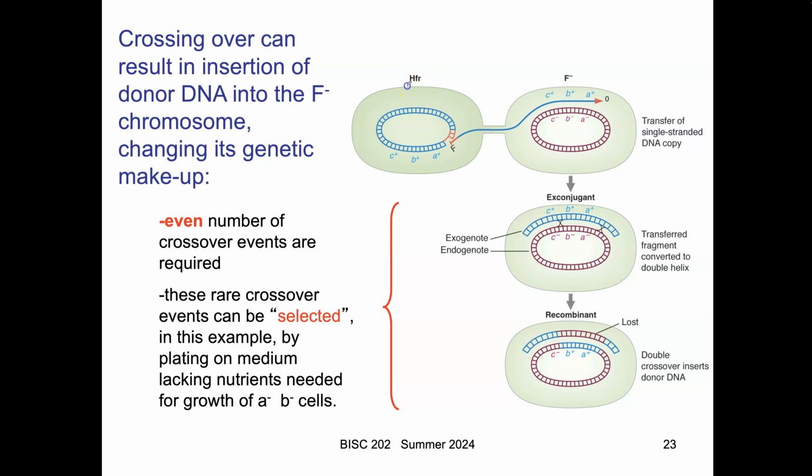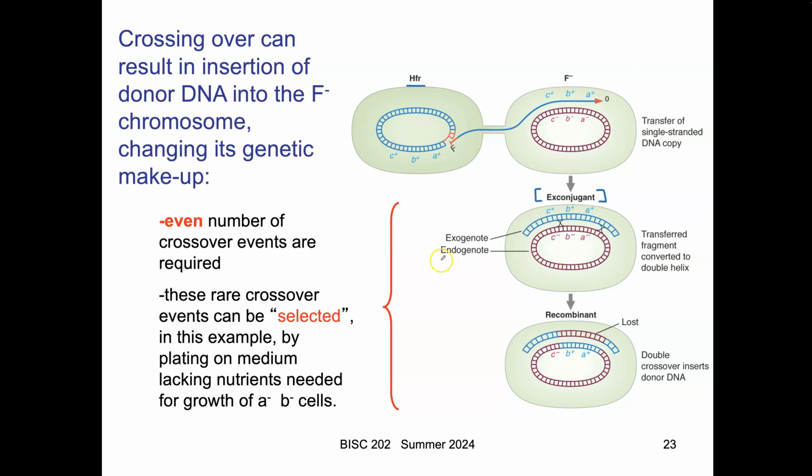Okay, and so there's a couple of names to just know. So here's our HFR strain and our F minus strain. Notice this is a single strand of DNA coming in, but then it gets turned into a double helix once it's inside. And this is called an X conjugate. X conjugate is just the term that's used for a bacterium that's taken in some donor DNA and that has its own bacterial chromosome.